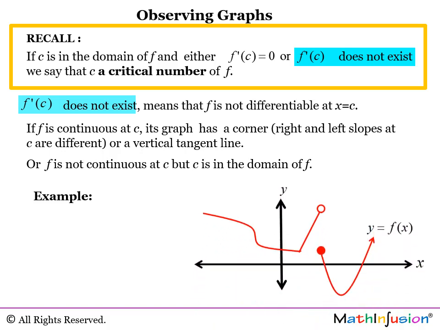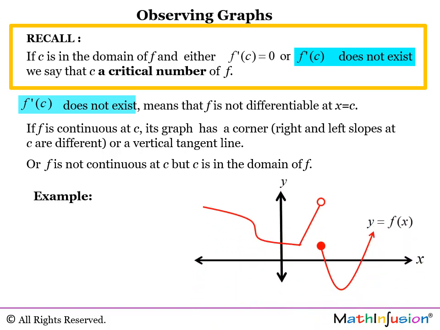Let's now observe this graph. You can see that first of all, here you have a vertical tangent line. Here you have a corner. And here the function is not continuous, but observe, this point is a point on the graph, which means x equals c there is in the domain of the function.